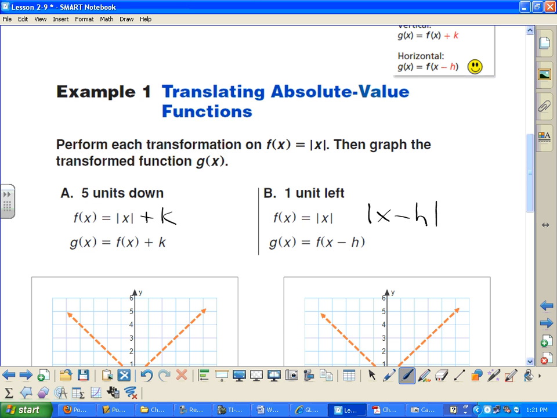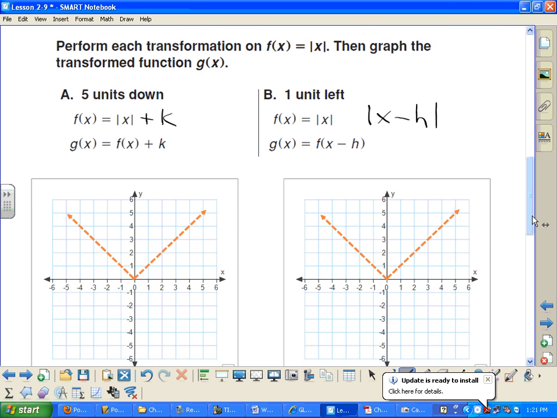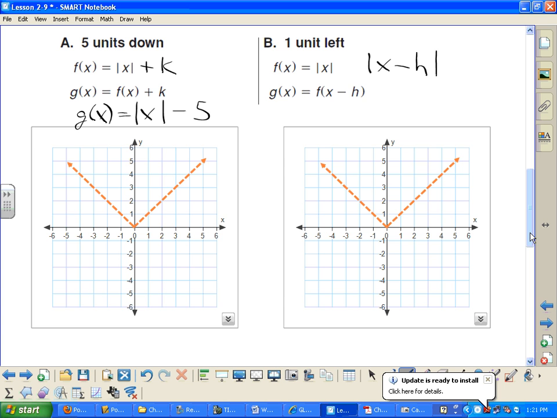Here they want us to perform each transformation and then graph the transformed function. It says we're going to move 5 units down. That means g of x would be the absolute value of x minus 5, because a vertical translation is outside the absolute value sign. The graph is just moving it down 5.